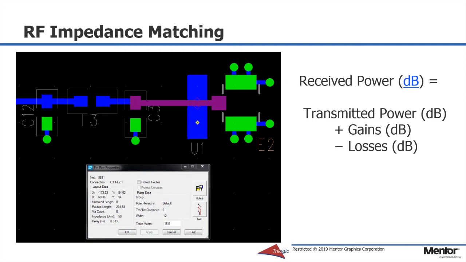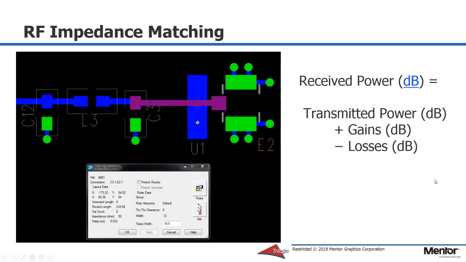So here we have a common pi matching network, which consists of 2 shunt capacitors and 1 series inductor. 2 shunt capacitors here and 1 series inductor, and this is an antenna port where the antenna connects. So this is one of the most important ways to match the radio with the antenna.